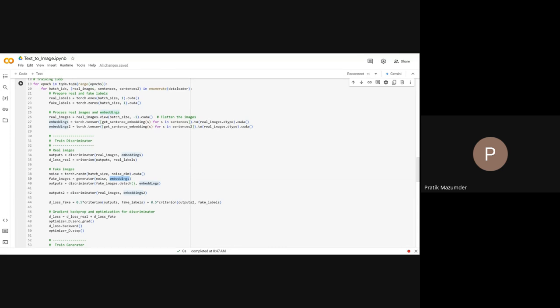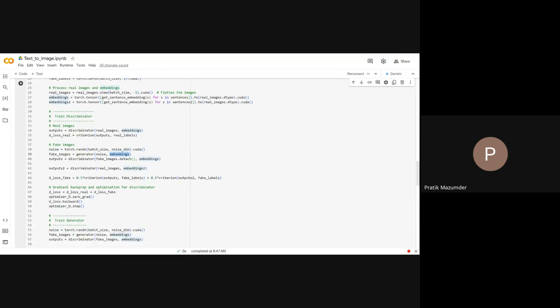As you can see, there are two types of fake losses. One fake loss is the fake image with the correct embedding. The other is the real image but the wrong embedding. Both of these the discriminator will try to show as fake, whereas your generator will try to do the opposite.